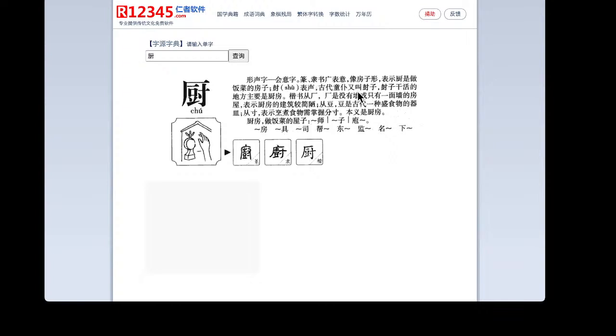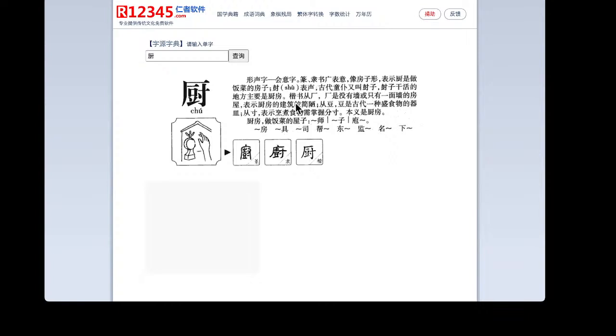In ancient days, the young servant's duty was usually cooking, so that's how they built this character.